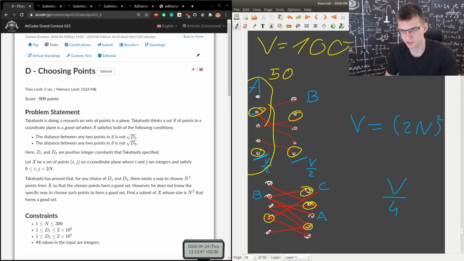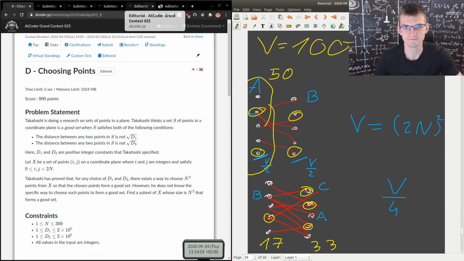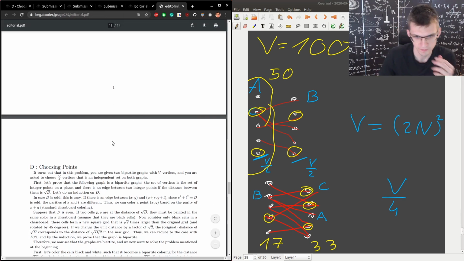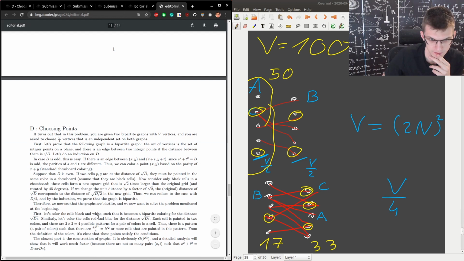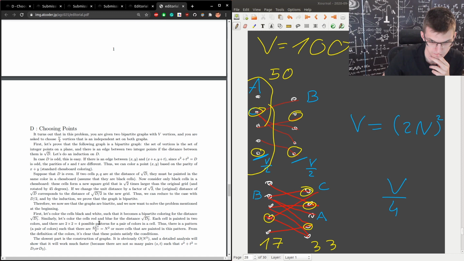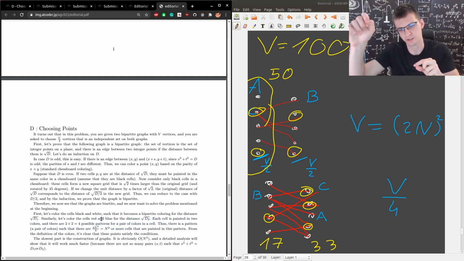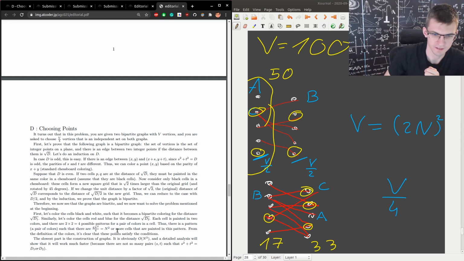So for example, the intersection of our 50 with this is maybe 17, and with this it will be exactly 33. Well, that was easy, right? There are 4 intersections: left-left, left-right, right-left, right-right. So one of them must be of proper size.